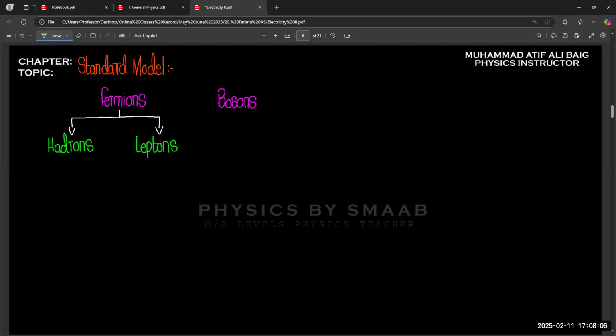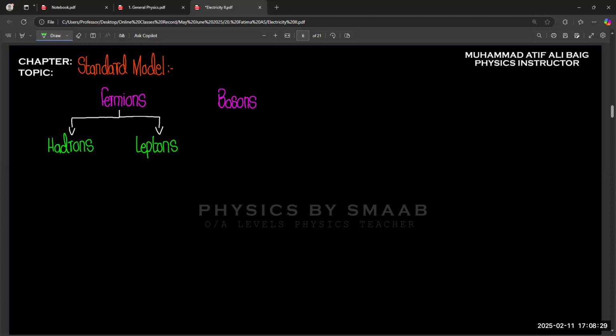We are classifying from the basic to the advanced one, because we are using electron, proton, neutron. We know about these names. But if we go further into the basics of these particles, there are some other micro nanoparticles available that make up the whole structure of proton, neutron, electron.